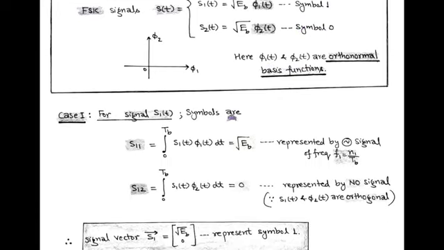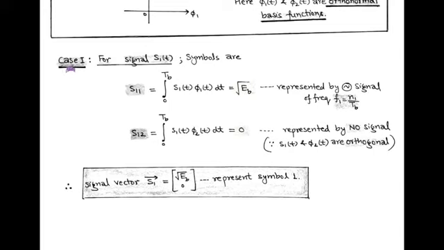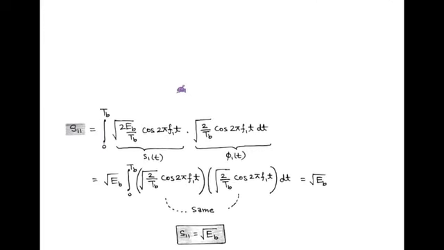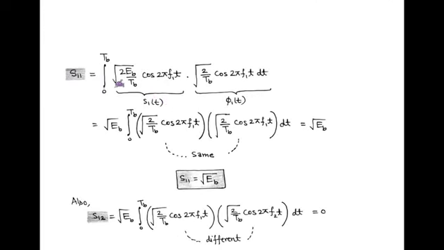So first we consider case 1. Here signal S1(t) corresponds to symbol 1 and it is denoted by S11 and it is equal to the integration of S1(t) into phi1(t) into dt, having limit 0 to Tb. Now in place of S1(t) we can write square root of 2EB upon Tb cos 2 pi F1t, and in place of phi1(t) we can write square root of 2 upon Tb cos 2 pi F1t, into dt.